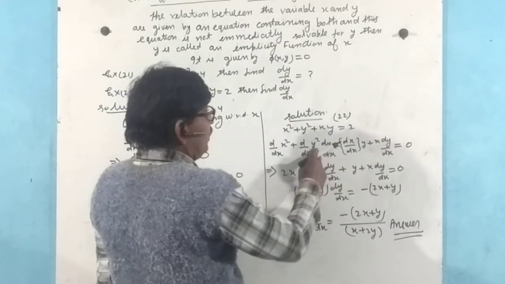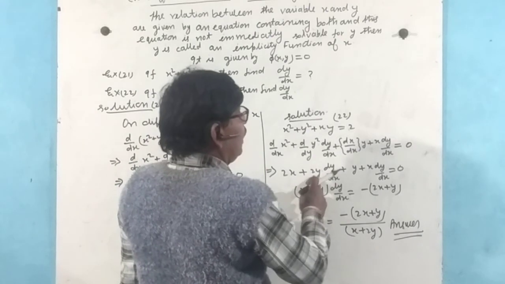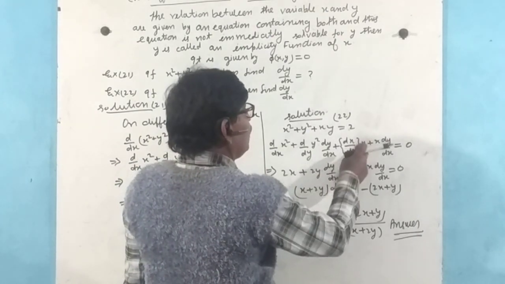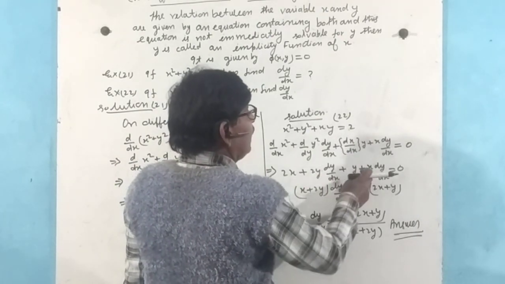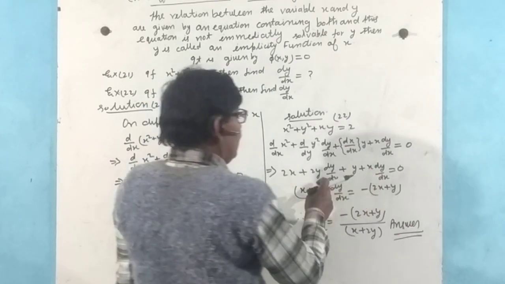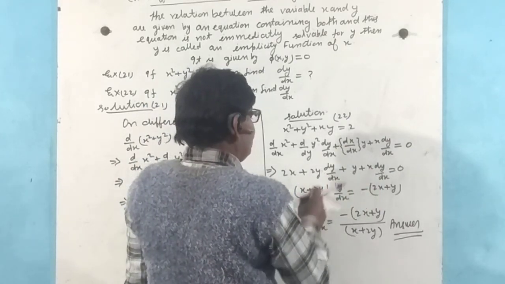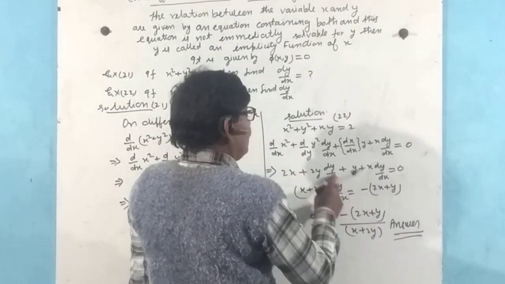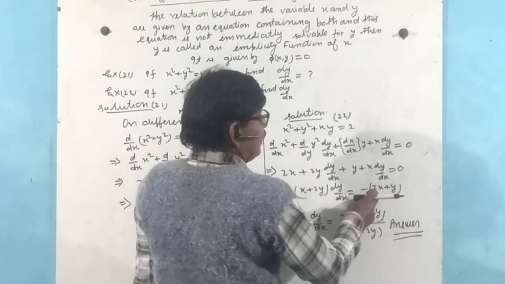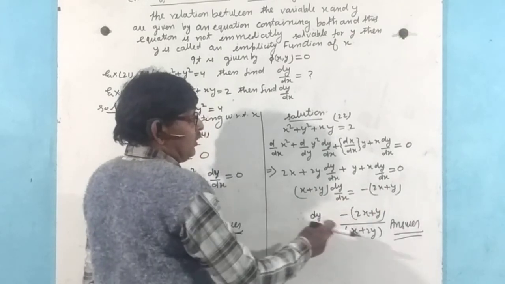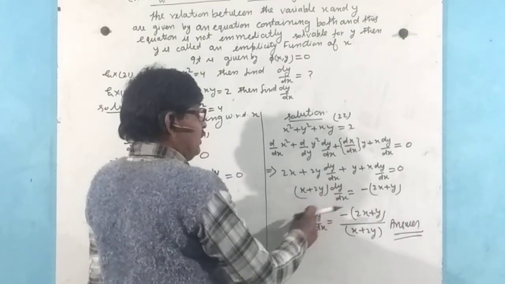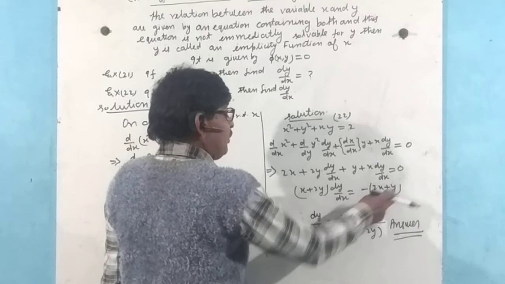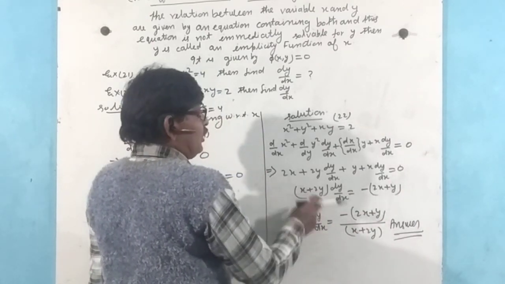Now this is equal to 2y and this is equal to 1, and this is y and x dy by dx. Now x plus 2y dy by dx equal to, this comes here minus 2x and minus y, so that minus of 2x plus y, so dy by dx equal to minus of 2x plus y divided by x plus 2y.